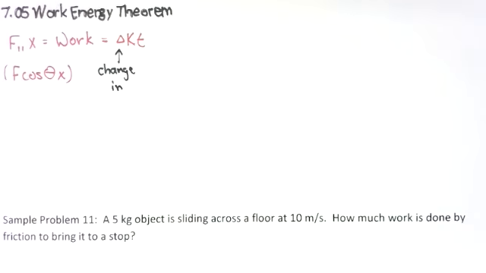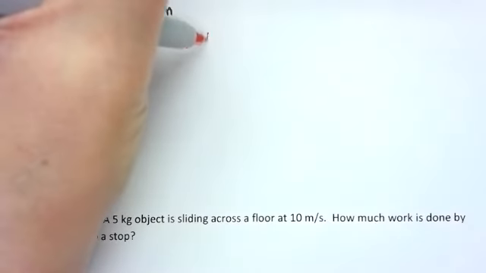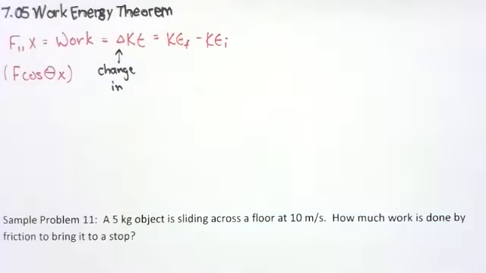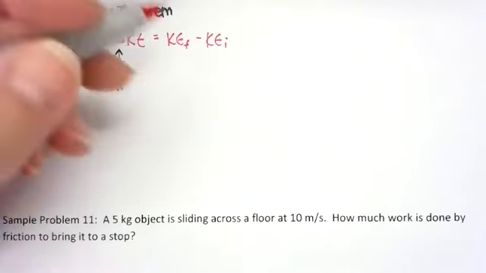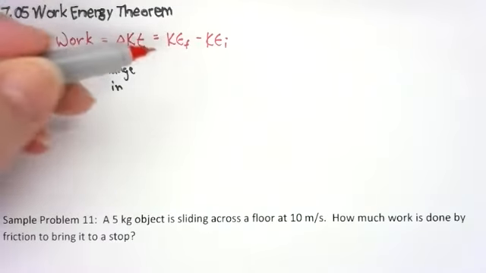So this means that if I take my final kinetic energy minus my initial kinetic energy, now initial or original, you'll see this as KEi or KEo, initial kinetic energy or original kinetic energy. But you always see the final as KEf.